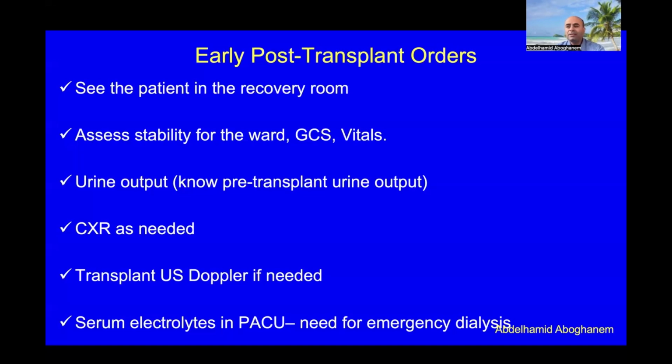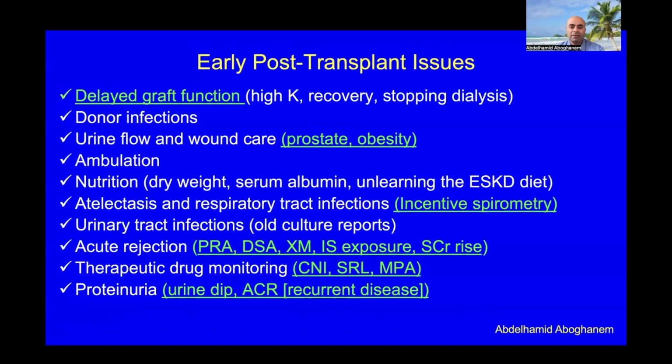You should send all basic blood work, especially serum electrolytes, especially potassium, calcium, and do ECG as needed, and troponin given your patient's cardiovascular risk after surgery. Early post-transplant issues: you have delayed graft function, especially with high potassium, and delayed recovery of the kidney, no urine output.